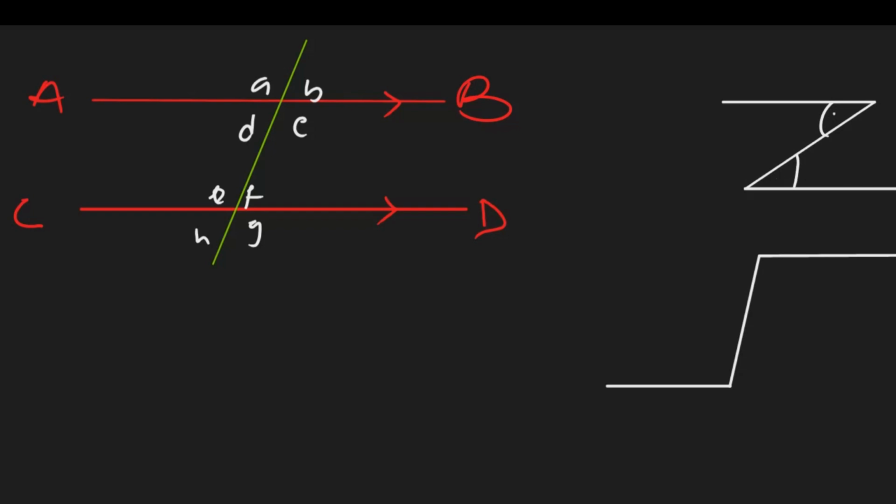So the angle here is actually the same as this angle. When it comes to this one, the angle here is also the same as this angle. So if here is B, then here too is going to be B. So these are alternate angles. So like corresponding angles, alternate angles are also equal.